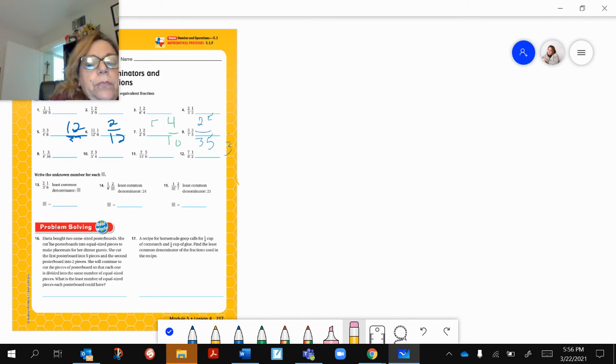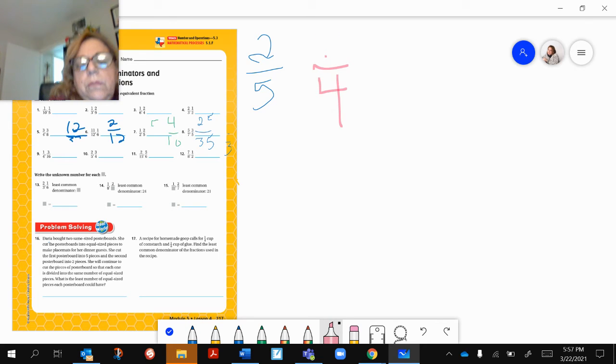Number 10, I have 2/5 and 3/4. Oh, I think my bracelet hit that. So I have 2/5 and 3/4.